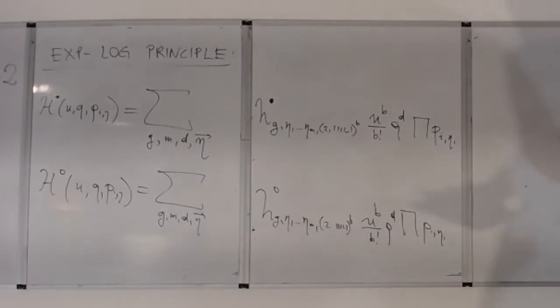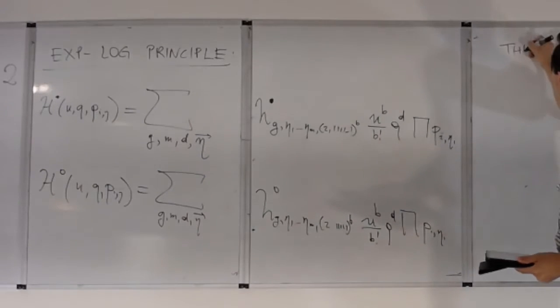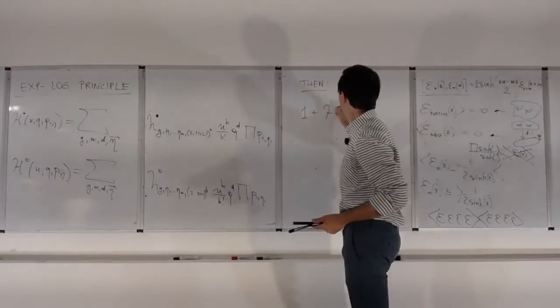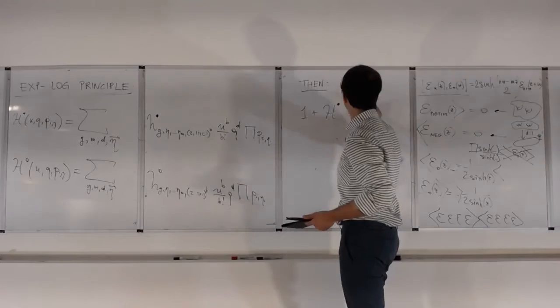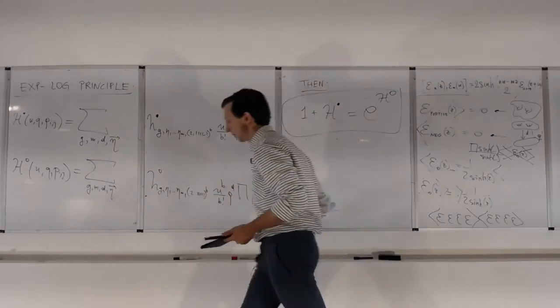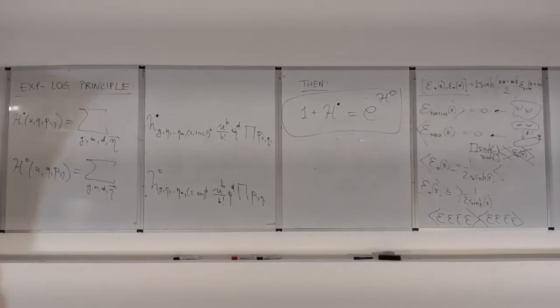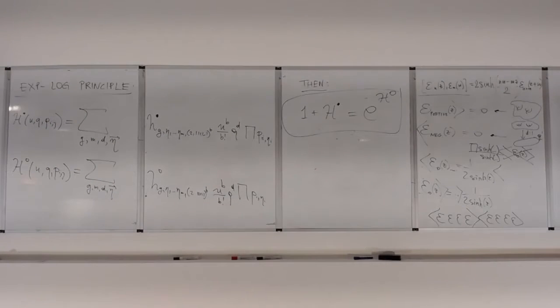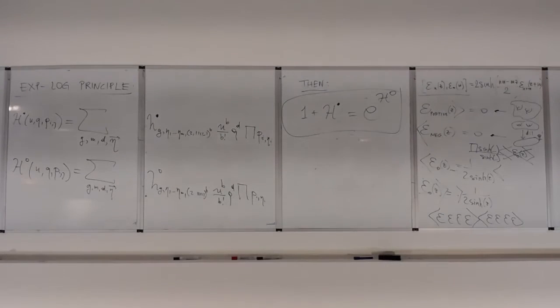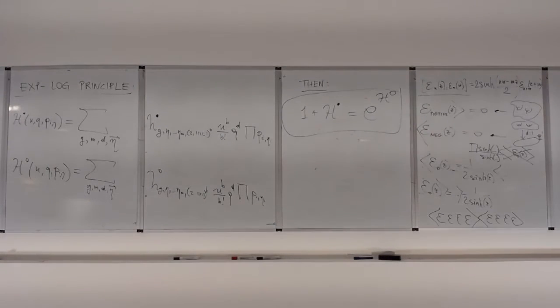And then 1 plus H bullet is equal to exponent of H naught. How many ones are there?